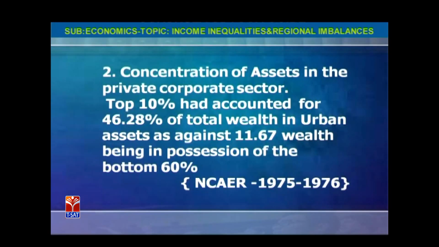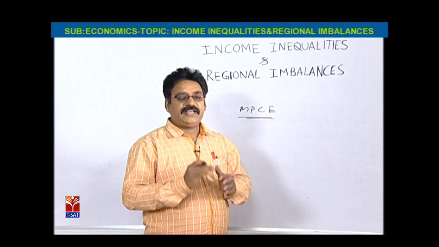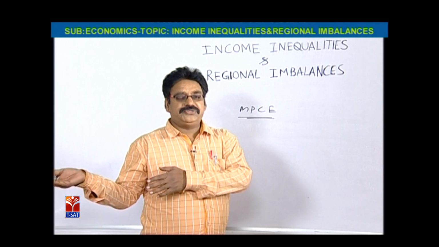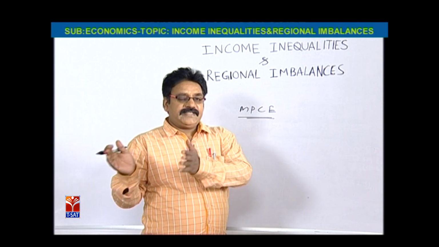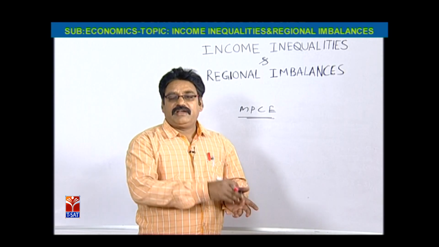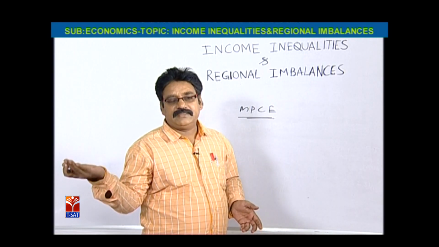Of the total wealth we have, the top 10% of the people hold 46% of the assets, whereas the bottom 60% possess only 11.67%, about 12%. So 60% of the people hold 12% of the assets, and 10% of the people hold 46.2% of the assets.